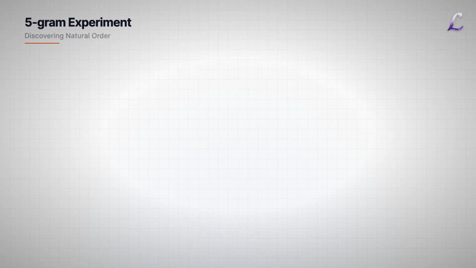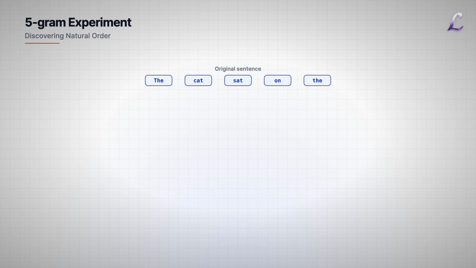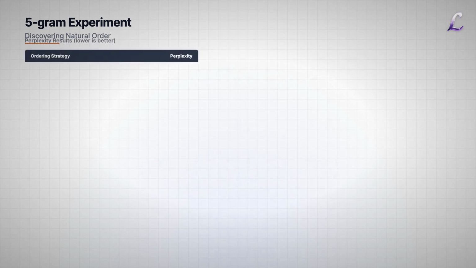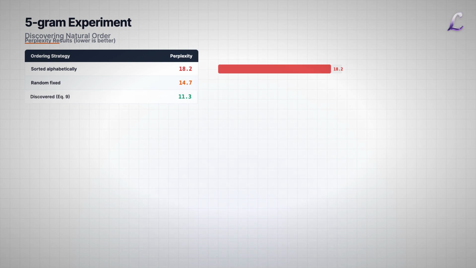The most elegant experiment in the paper tests whether this search procedure can rediscover a known good ordering. Take 5-word sequences from natural text, 5-grams. Strip the ordering to create sets. Now train a model to reconstruct sequences from these sets using different strategies. Sorting the words alphabetically gives a high perplexity. It's an unnatural decomposition that the model struggles with.